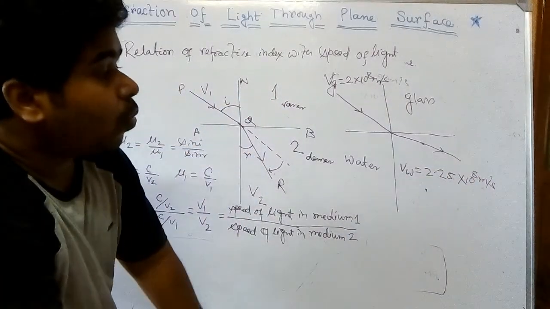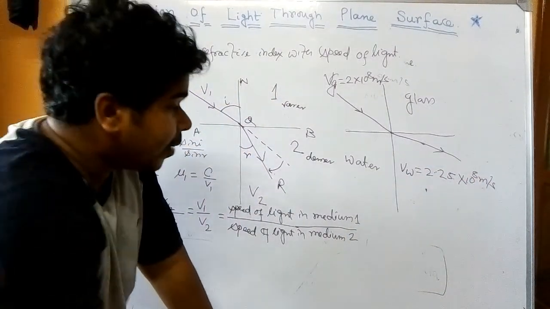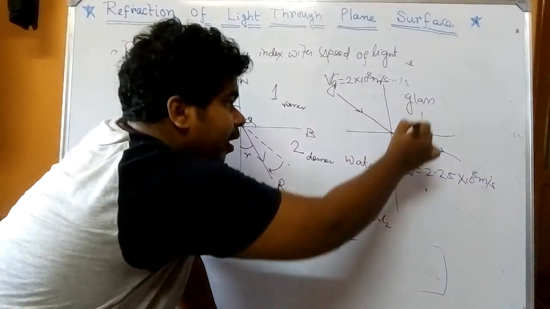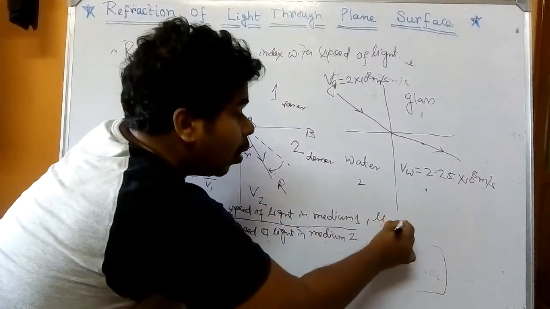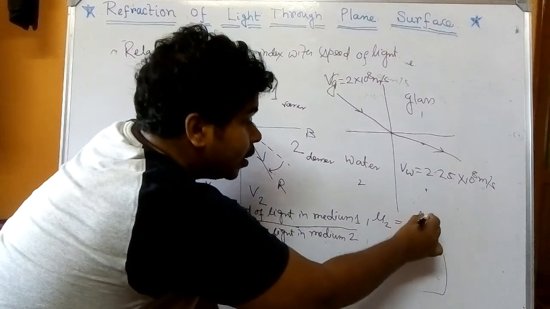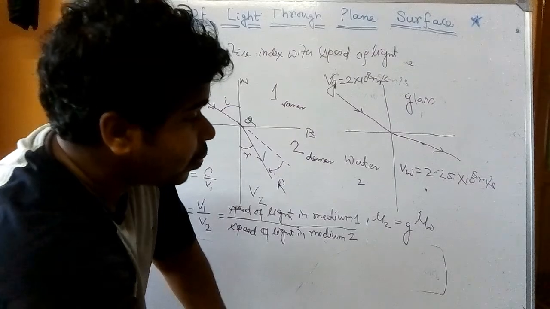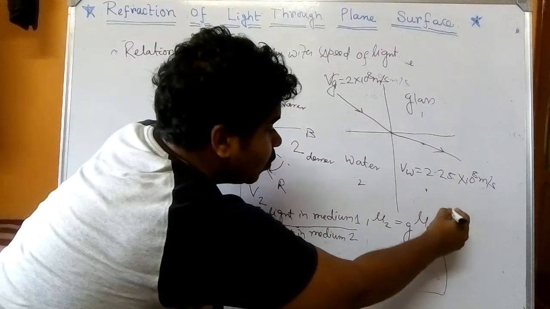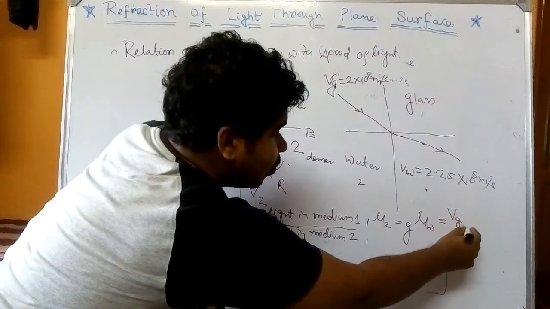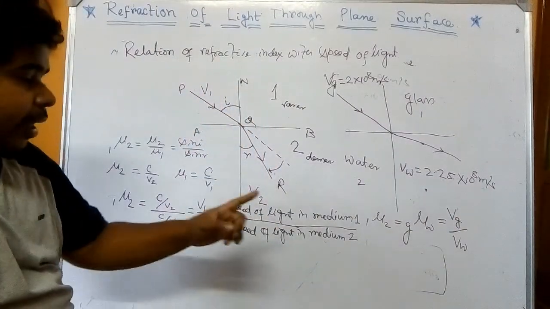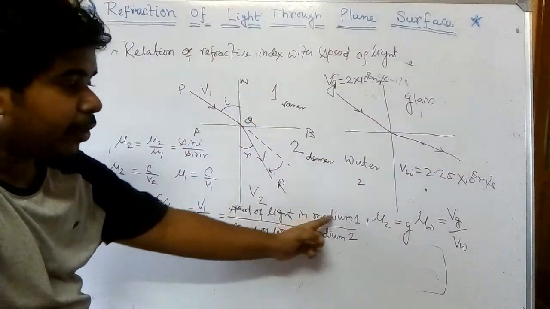Okay. So what will be the refractive index then? The refractive index 1μ2, because we have taken medium 1 and medium 2, or we can write it as gμw, the refractive index of water with respect to glass, that should equal Vg by Vw, the speed of light in medium 1.